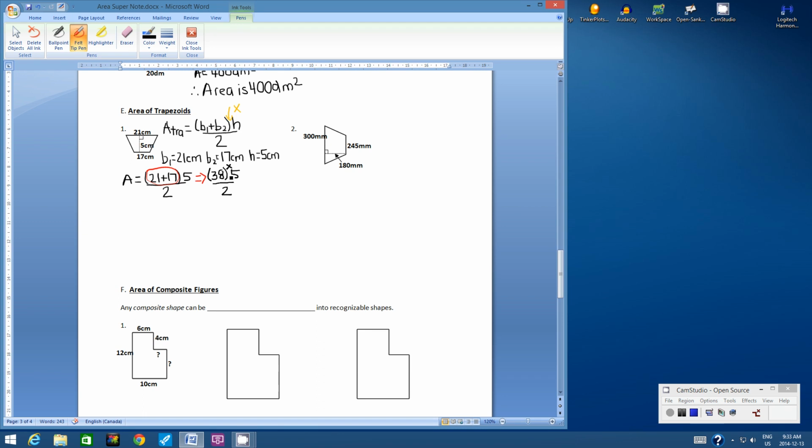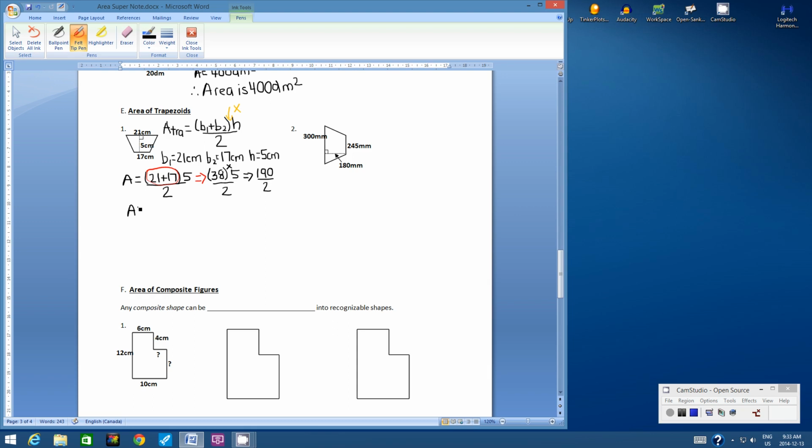So let's do the multiplication first so that we have a new numerator. Using your calculator, what is 38 times 5? 38 times 5 is 190. Don't forget, it's still over 2. Now we just have a division question. 190 divided by 2 will give us our answer line.